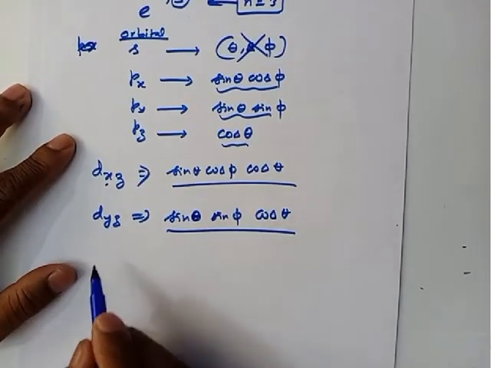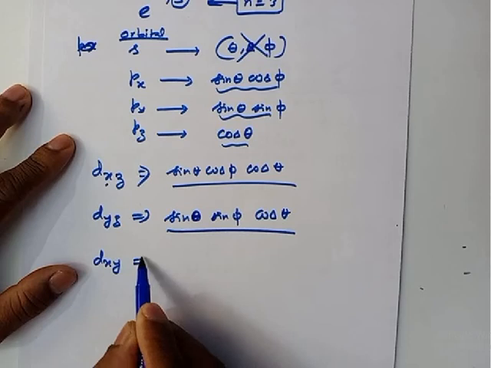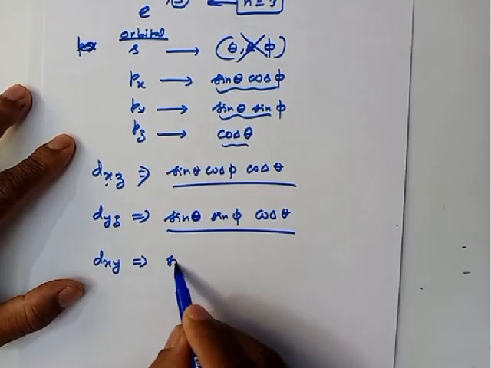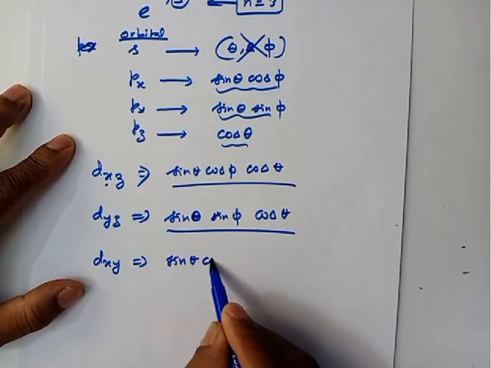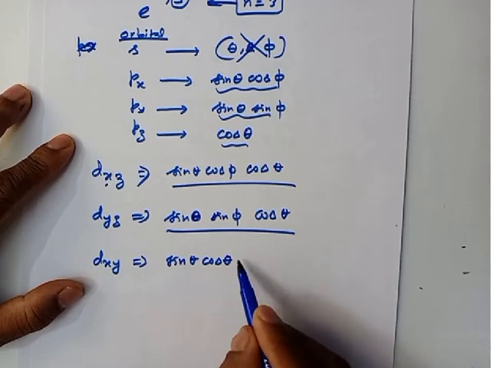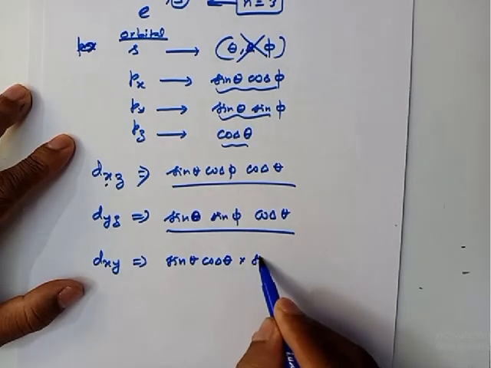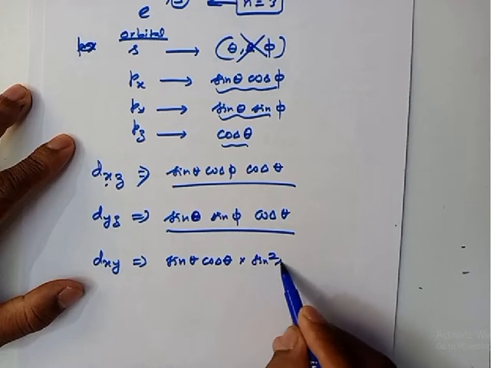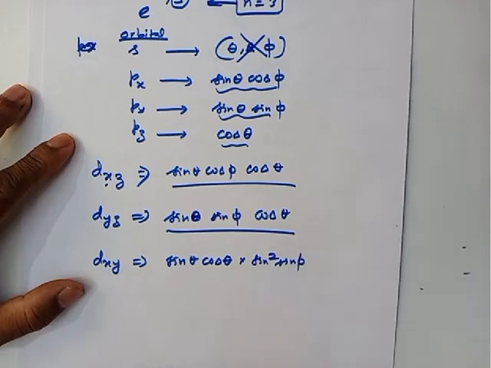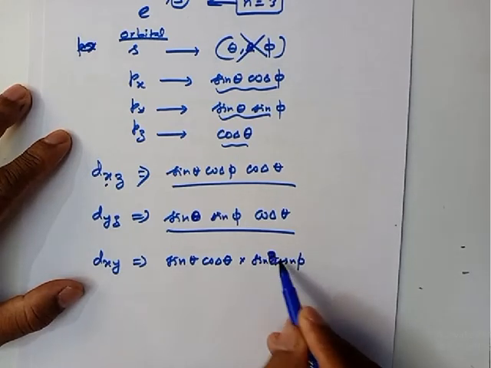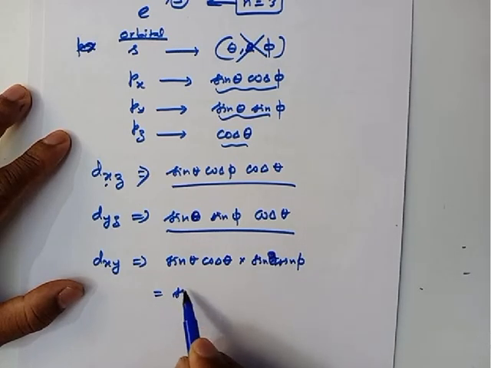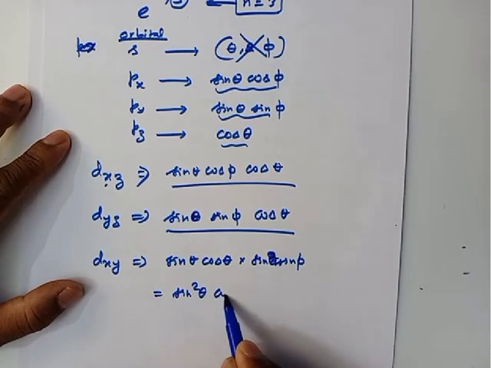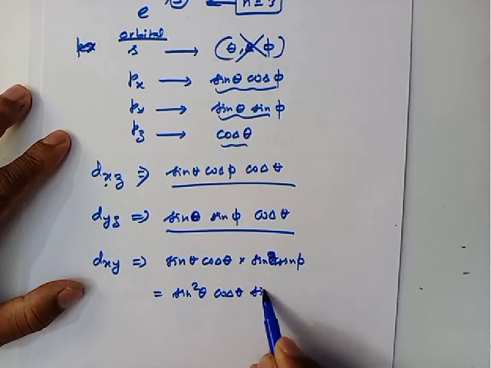What about dxy? For dxy, x is sin theta cos phi and y is sin theta sin phi. So we have sin square theta into cos theta into sin phi.